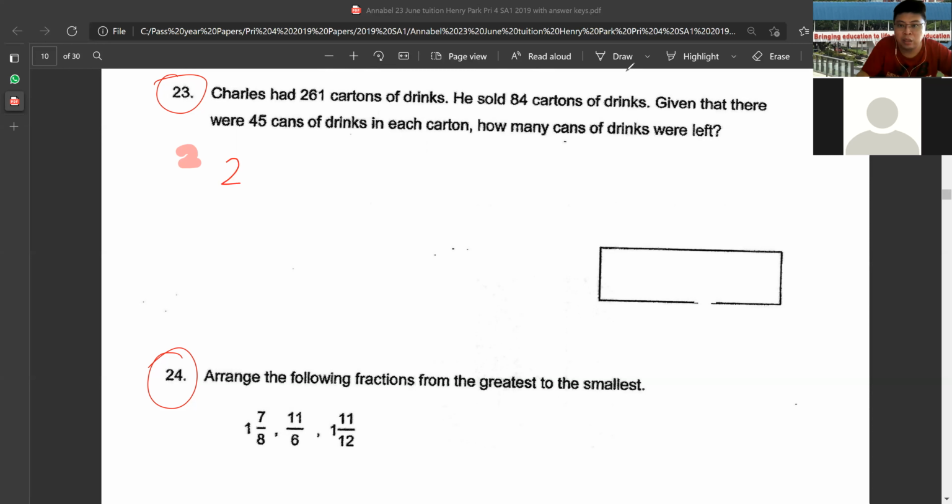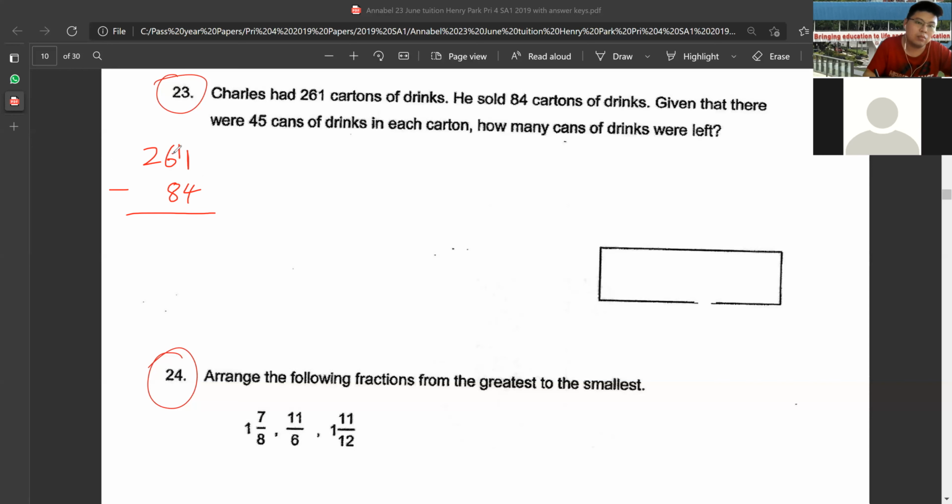261 minus 84. This one equal to? Change to 11.